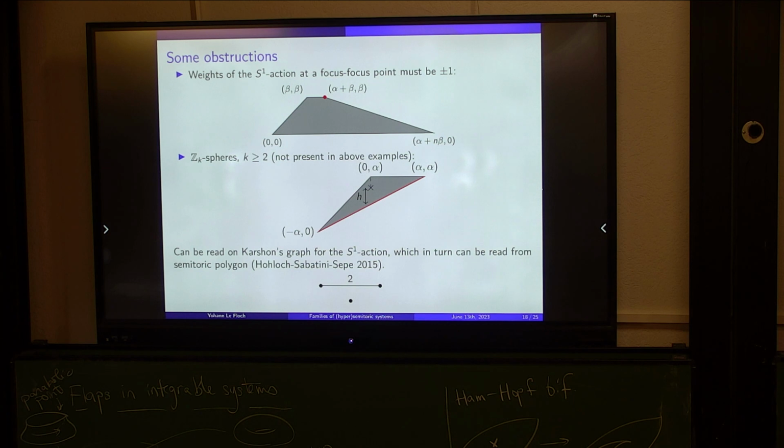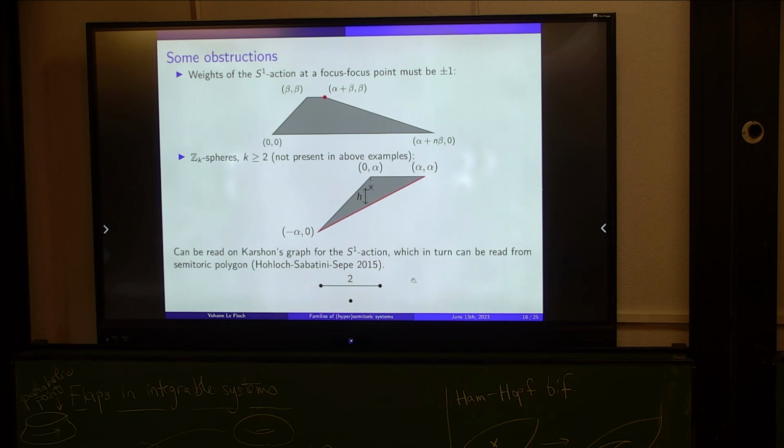And these obstructions are clear once you know what a Hamiltonian S1 space is and once you know about the Kershon graph that Joey talked about. But we missed them for some good reason that I will explain later. And what are these obstructions?